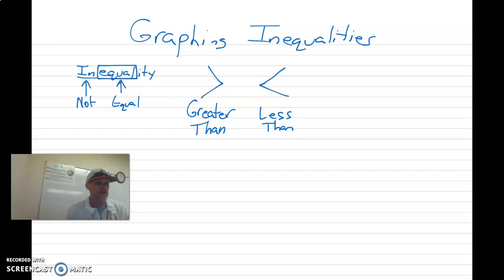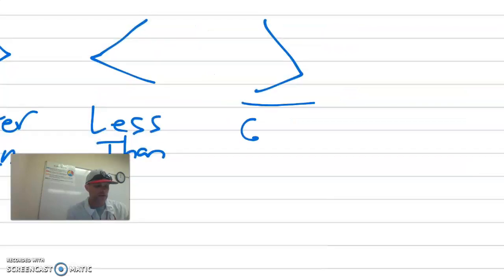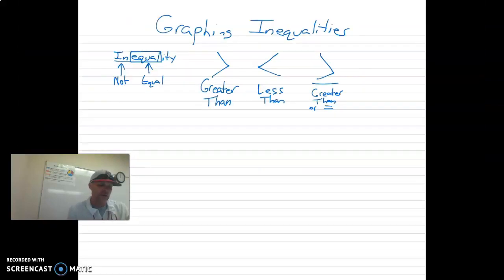Yeah, I think in 6th grade you would have used these. We have greater than or equal to, and then the other one is less than or equal to.